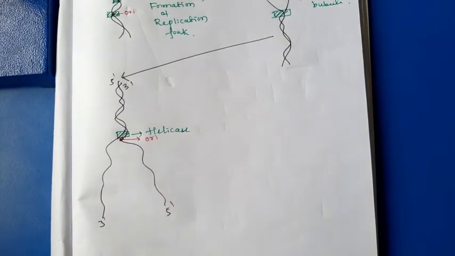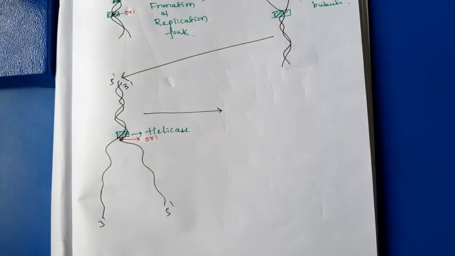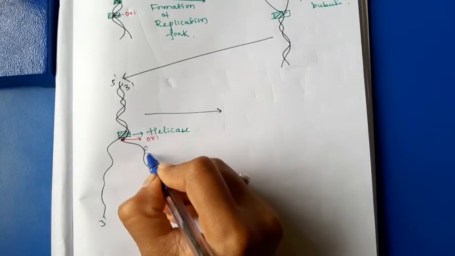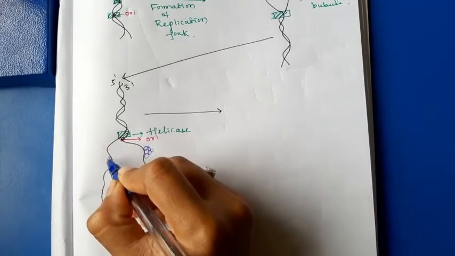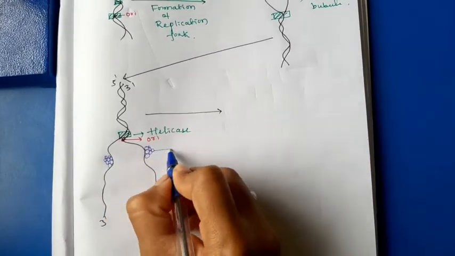Then after helicase, another enzyme enters, which is nothing but topoisomerase. We already discussed the topoisomerase function.